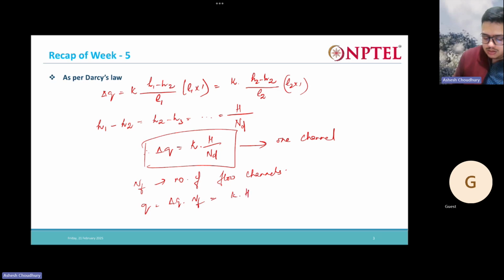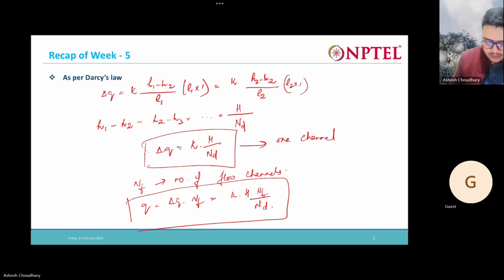So we have Q equals K H Nf by Nd. Right? This is for square elements. When we have the square elements.